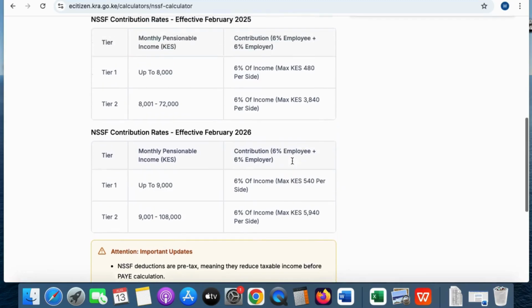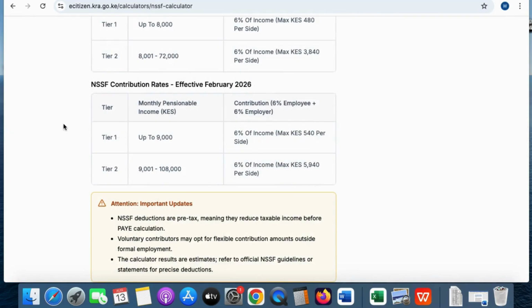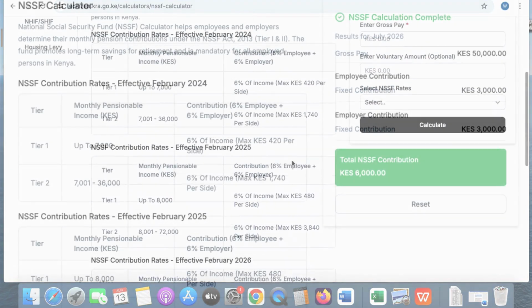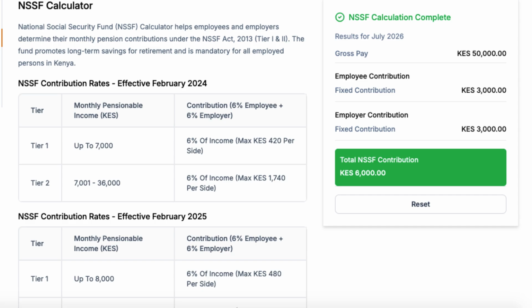That is the Tier 2 NSSF. Now to get the total NSSF contributions, we add the Tier 1 contribution of 540 to the Tier 2 contribution of 2,460. This gives us 3,000, so this employee will pay 3,000 shillings as NSSF for that month.